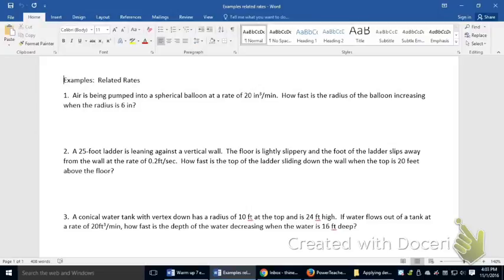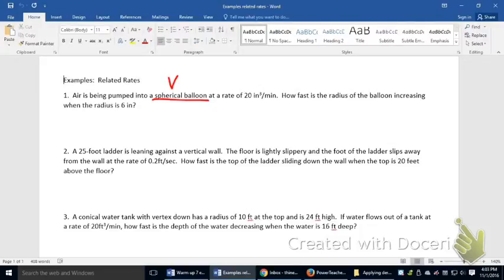So the first problem says air is being pumped into a spherical balloon at a rate of 20 inches cubed per minute. How fast is the radius of the balloon increasing when the radius is 6 inches? You start off with the formula for whatever the problem is talking about. This problem is talking about a spherical balloon and air being pumped into it, so we need to know the volume of a spherical balloon.